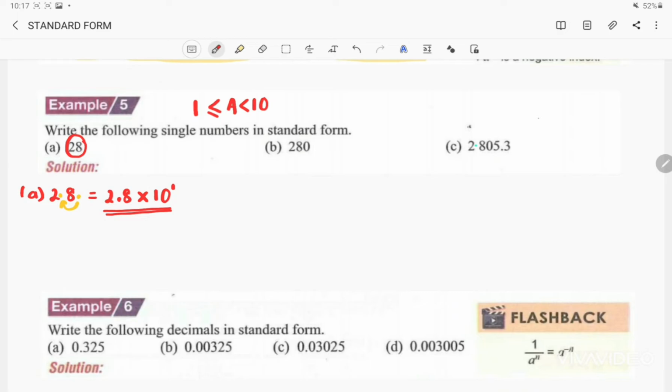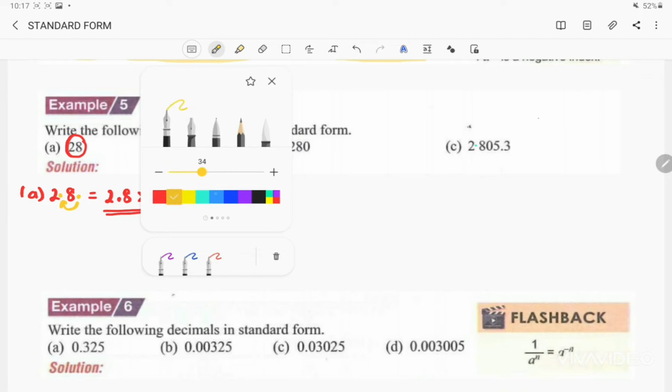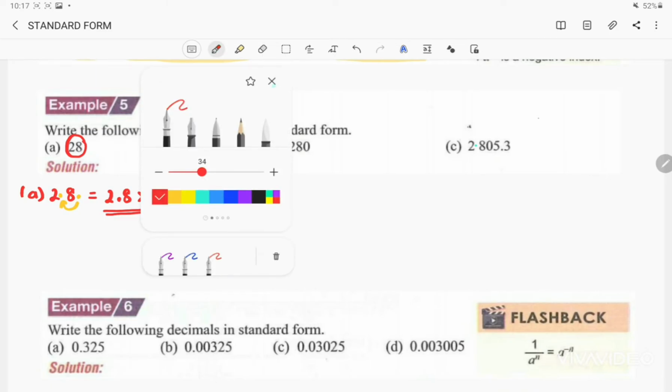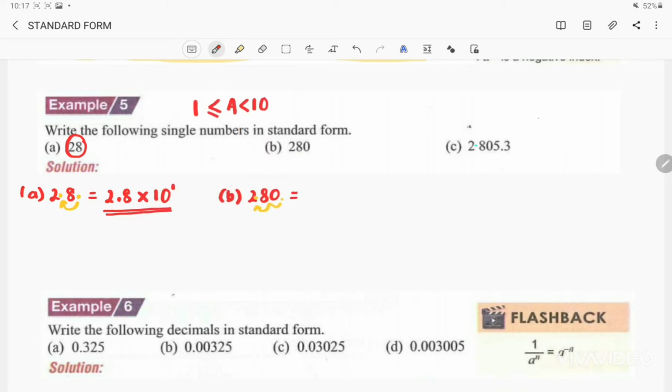Okay, now look at example B. Example B, it is given you 280. So you have to change the decimal point berapa kali? 2 kali. Okay, you have to change the decimal point 2 kali. 1, 2. Okay, so if we write 280 in standard form, it will be 2.8 times 10 to the power of 2.